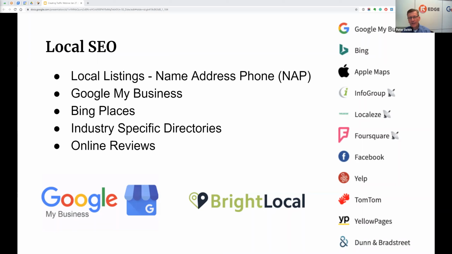But the reality is, Google uses those directories as a ranking signal. So they actually look at whether the information is correct, and whether you are in the same category. And one really simple thing they look at is name, address, and phone number. Is it consistent? So one way to rank better and get more traffic to your website is actually to go to some of those directories and make sure that you have the right information there.